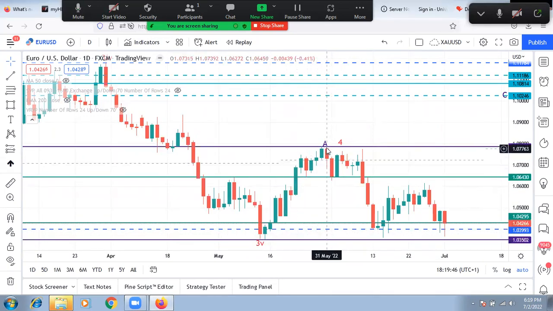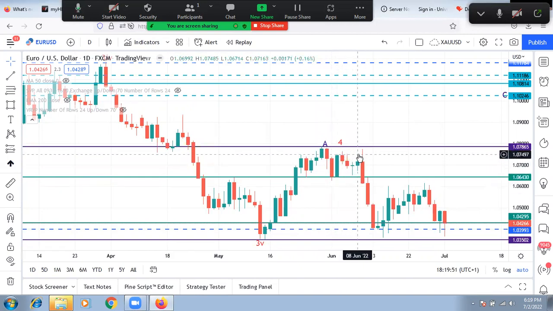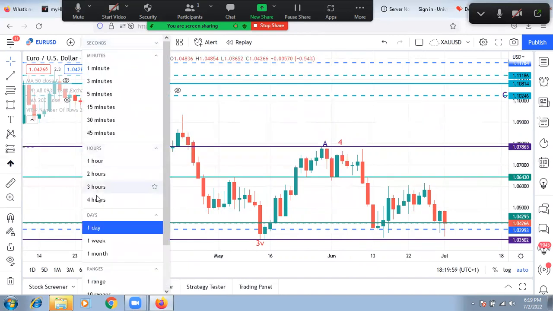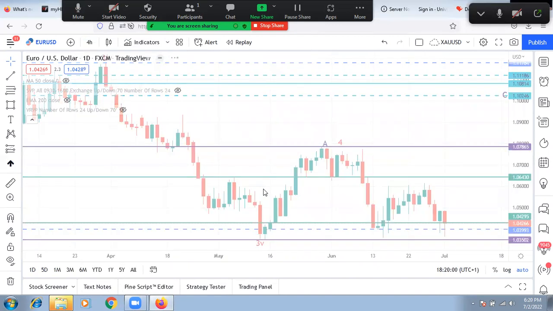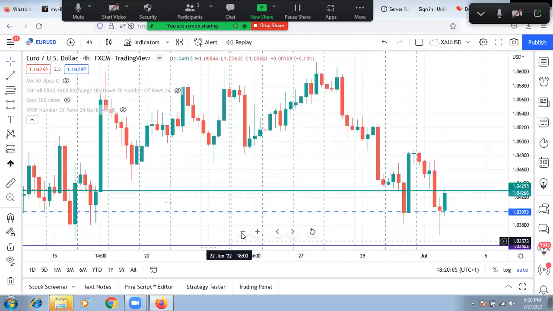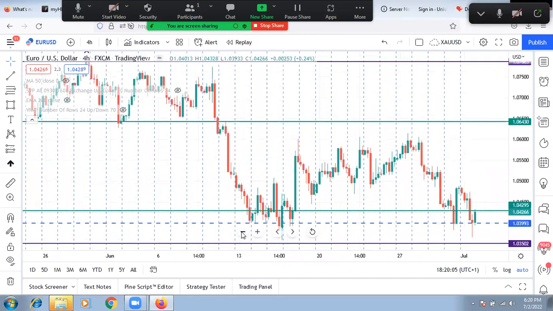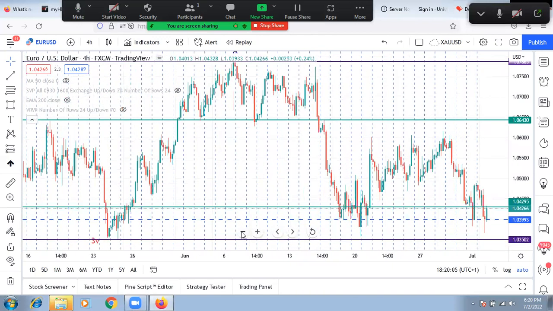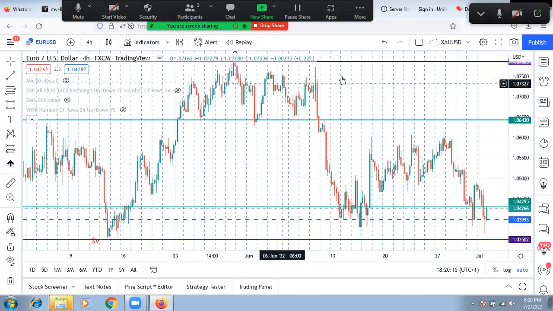If this is a wave 1 and this is a wave 2 here, let's go on 4 hour. If we go on 4 hour, we have said that this is the end of the correction. And now we are doing a wave 5.